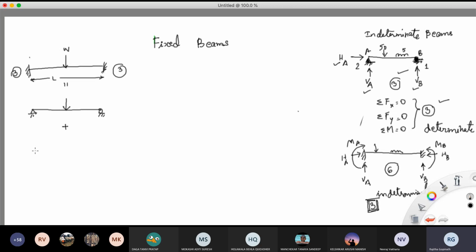I'm excluding the negative bending moment, right? So this is equal to this plus a beam on which only the negative bending moment is applied. Okay.